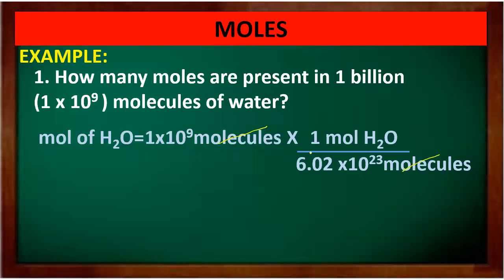Okay, so maiwan na lang na unit ay moles. So if we are going to divide 1 times 10 to the power of 9 divided by 6.02 times 10 to the power of 23, so i-divide na lang yung 1.